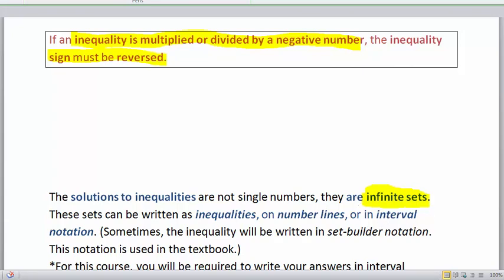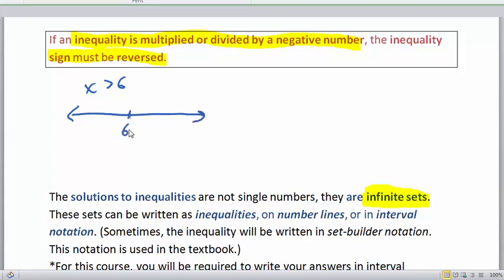Okay? So the inequality x is greater than 6 could also be expressed on a number line as such, right?